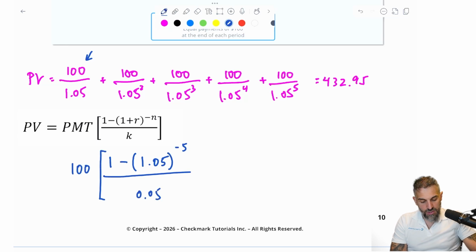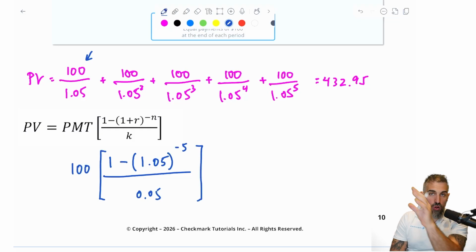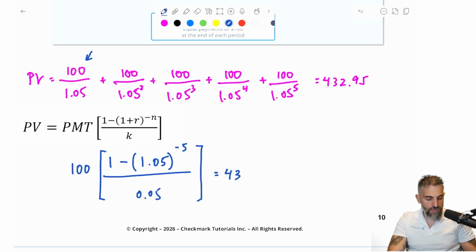Okay, so we're not changing what K means. We're not changing N. All of the rules from before still apply. You get $432 and 95 cents. So you get the exact same number.